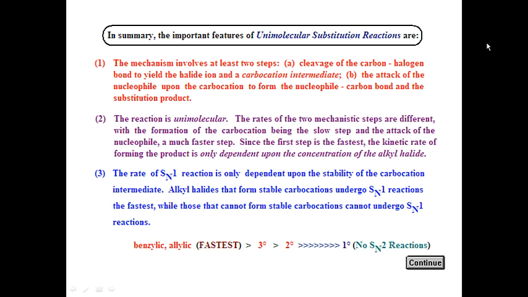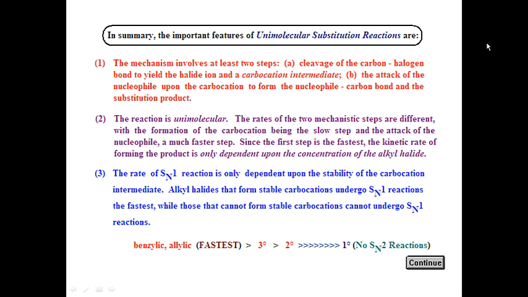The kinetics is unimolecular. The rate determining step is always the formation of the carbocation intermediate. And so therefore the rate is only dependent on the concentration of the alkyl halide. The rate of the reaction is also dependent on the stability of the carbocation intermediate. And we could go back, which I'm not going to do right now because your heads probably would explode, and talk about how Hammond's postulate and the Arrhenius equation come into play.